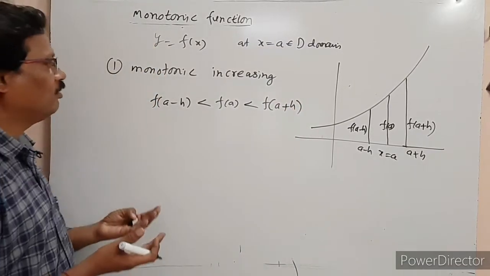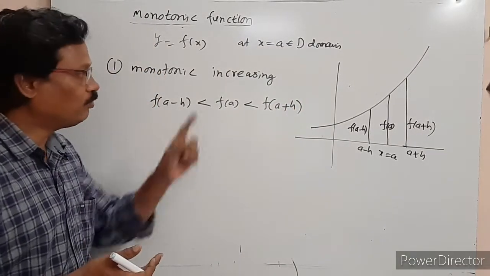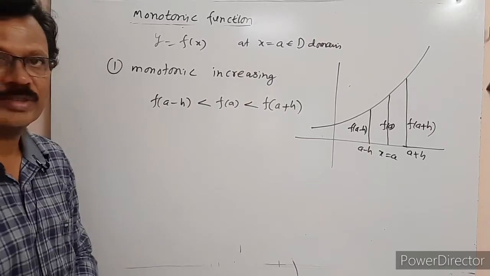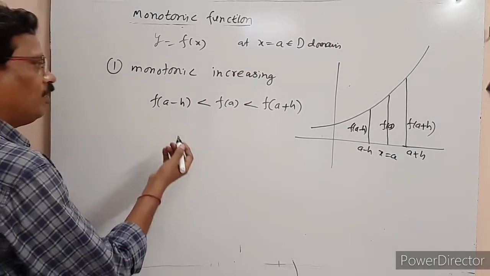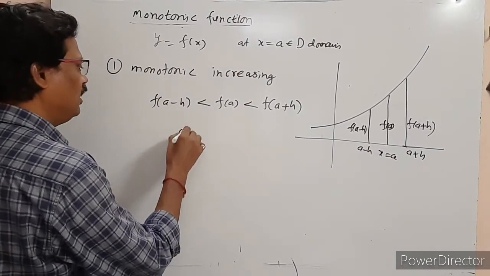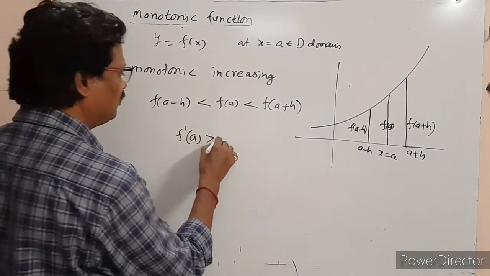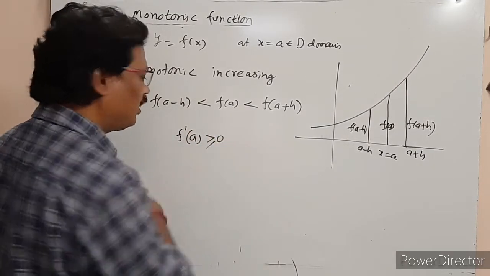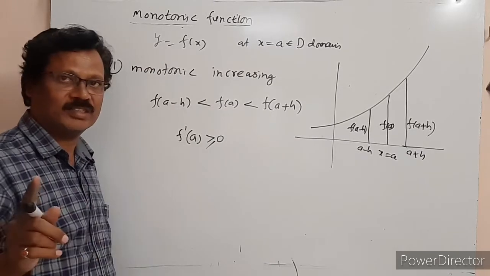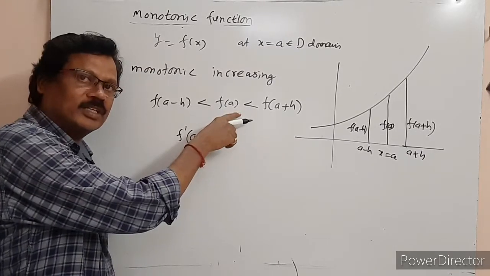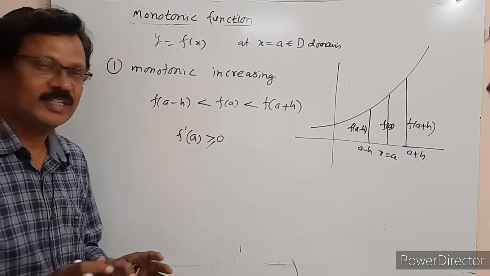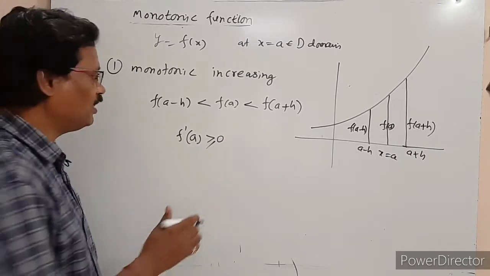Therefore this is monotonically increasing at a particular point a. Okay. Now another condition, can we write f dash a is greater than 0 or maybe greater than or equal to 0? Not sufficient condition. Necessary and sufficient condition does not exist. That is why this is only a necessary condition.